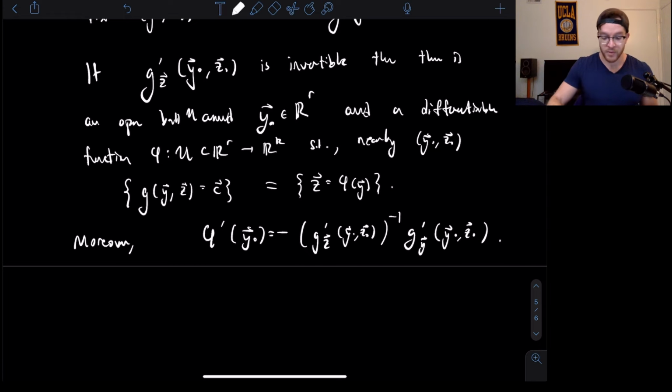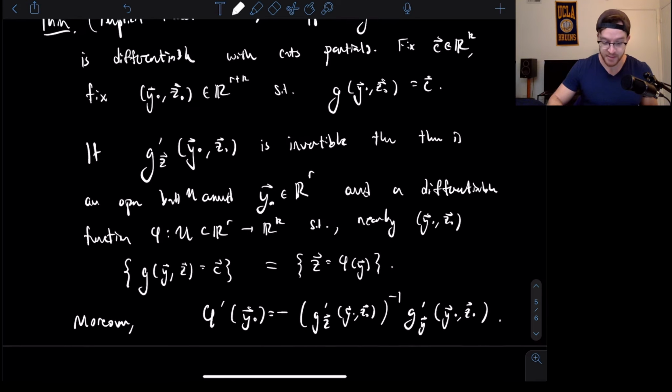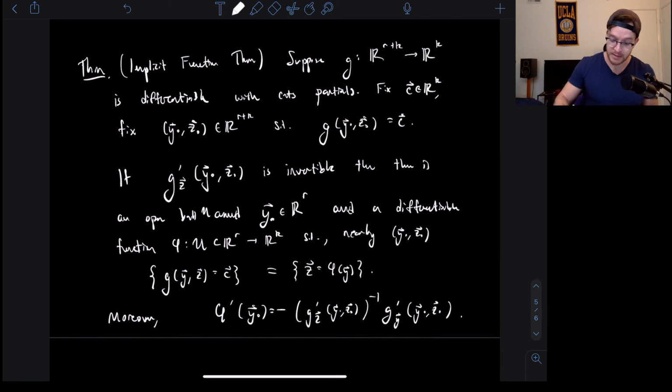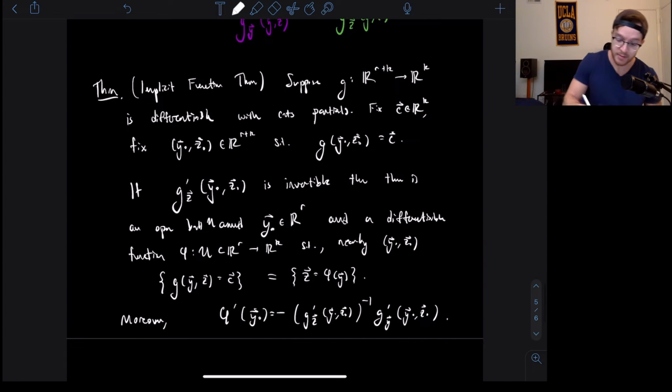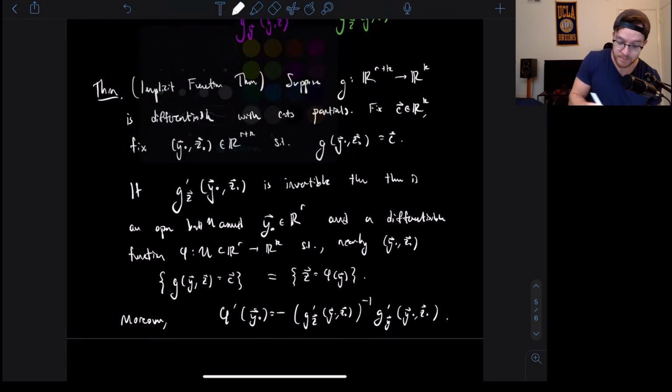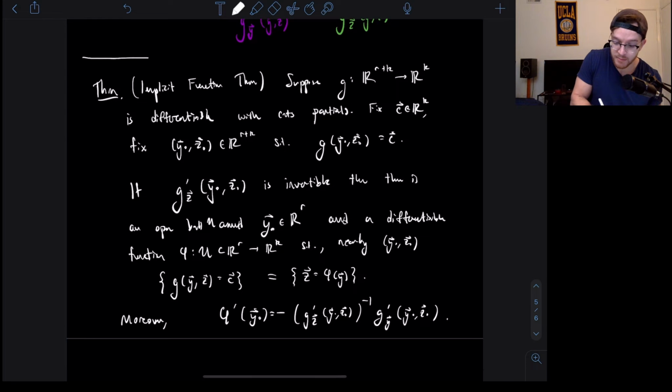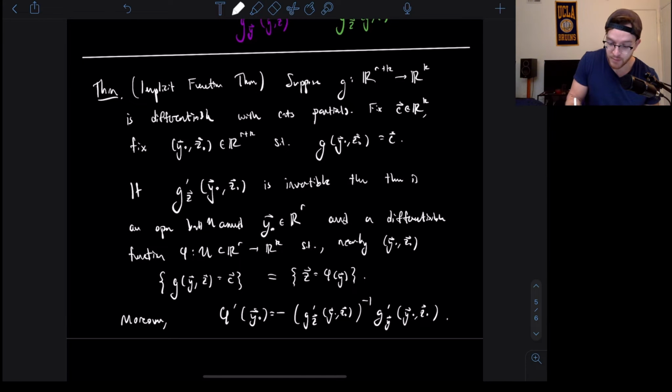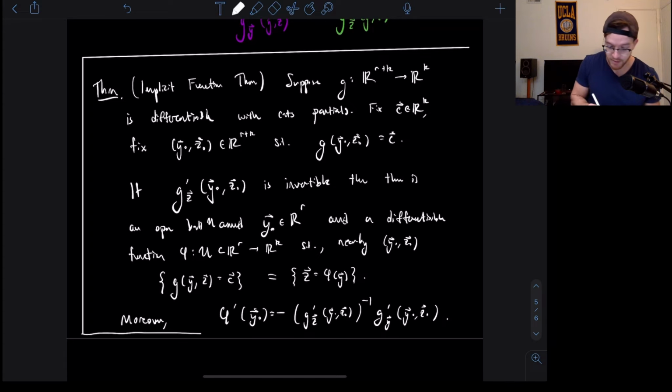Whew. Okay, this is the statement of the implicit function theorem. This is a big boy. It's kind of a lot to absorb here. But hopefully all of the preceding discussion about what we're doing clarifies what this says.